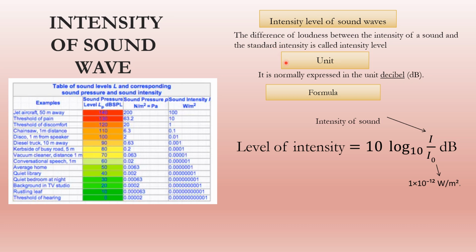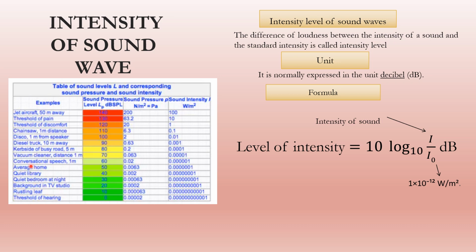The unit is normally expressed in decibel, dB, and this is the formula for the level of intensity. You see here in this diagram we have a quiet library, and then here we have the threshold of hearing.